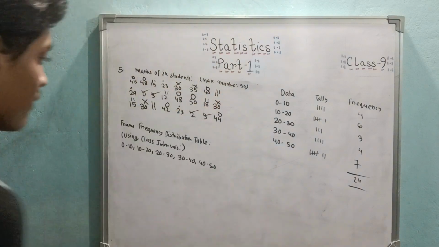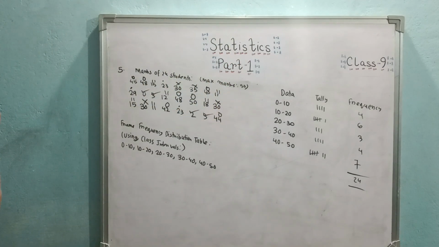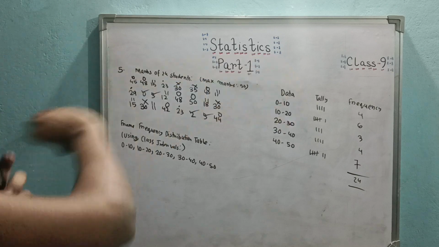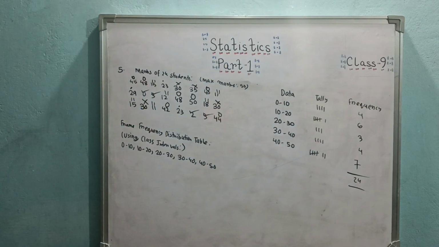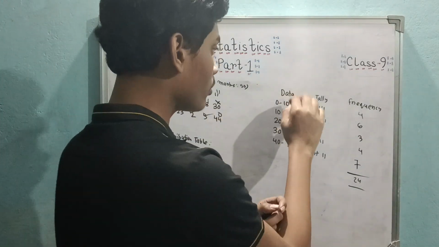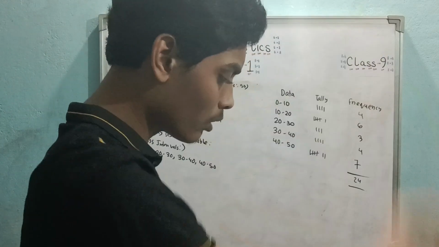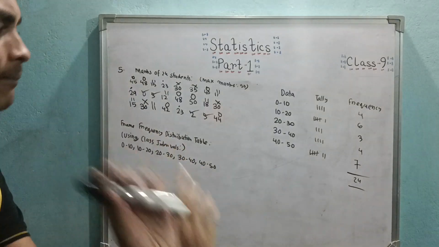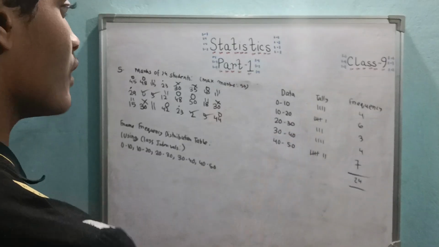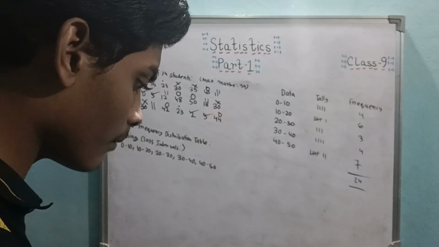You will be given the class intervals. Those are your data column values. For each class interval, how many numbers are there in that range? That is your frequency. Except for the last class interval, you can't include the upper limit. For the last class interval, you have to include the lower and upper limit as well. This is the data frequency or frequency distribution table.